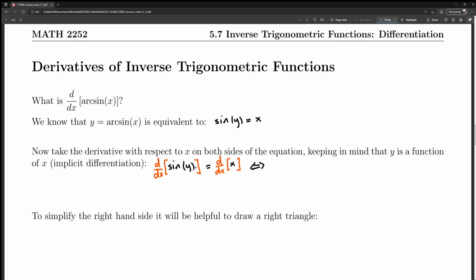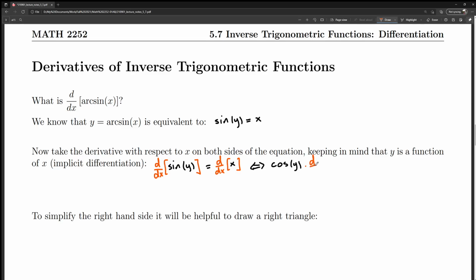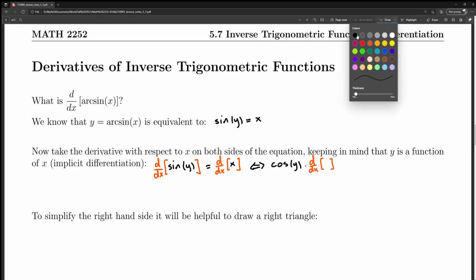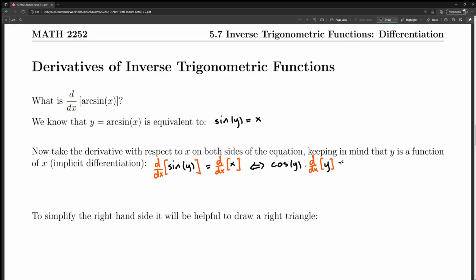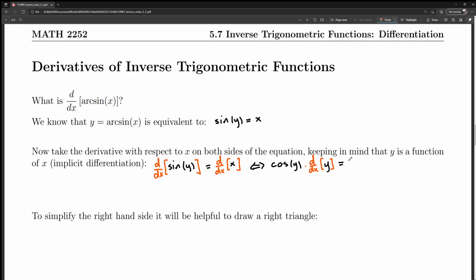And the derivative of sine of y, well, we have to take the derivative of the outside function, which is sine. So the derivative of that is cosine of y. But because y is a function of x, we have to multiply by d/dx of y, and that equals the 1 on the right-hand side.